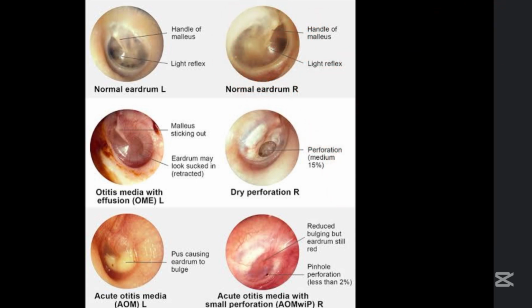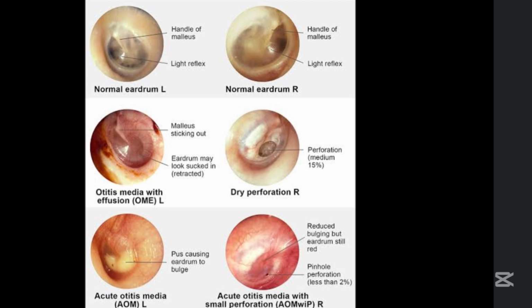So after seeing the site of the perforation, in which quadrant the perforation is present, we will notice the size of the perforation. The perforation can be of small, medium, or large size.